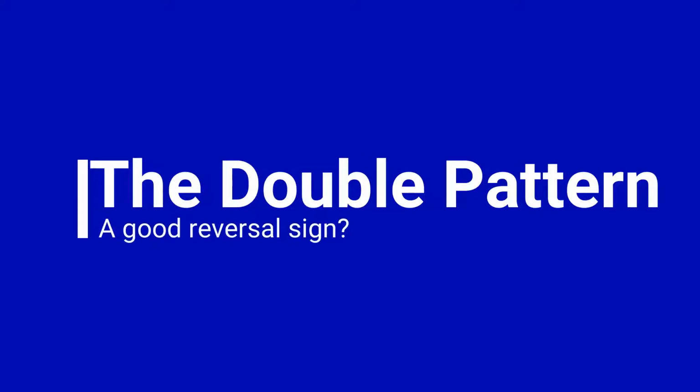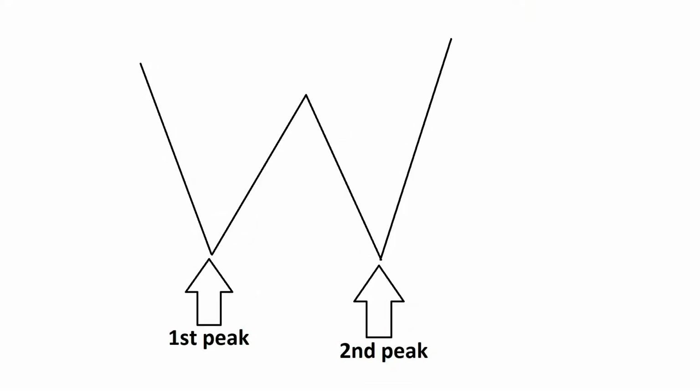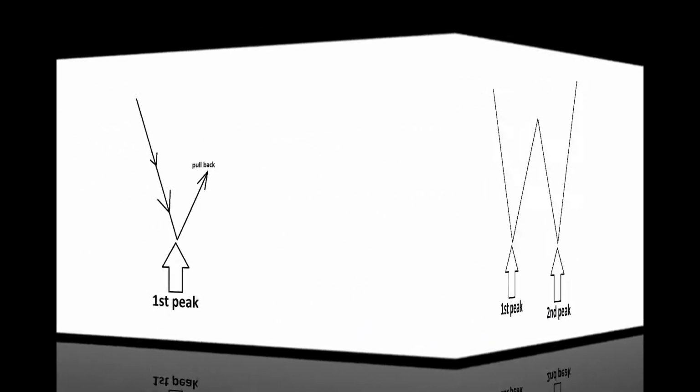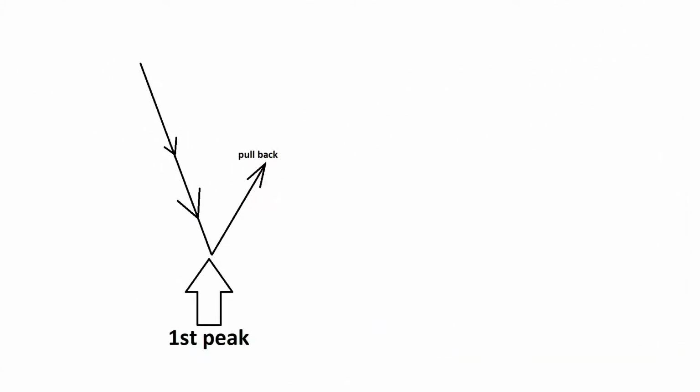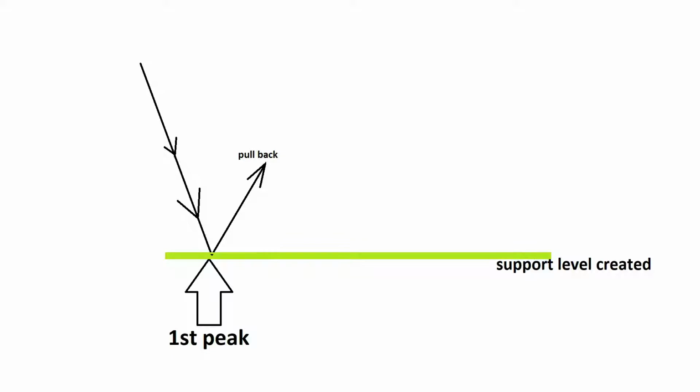Okay, so let us discuss the real reason behind why the double pattern is a good sign that the market is likely going to reverse in the future. We can all agree that a double bottom pattern is characterized by two peaks roughly approaching the same level. If I am to explain a little bit further on my point using the double bottom pattern, when we get this first approach, which is also the first peak, and price pulls back, the market is creating a level of support.